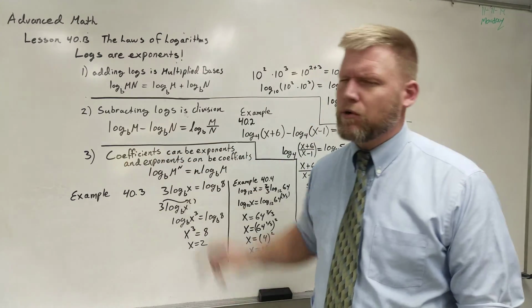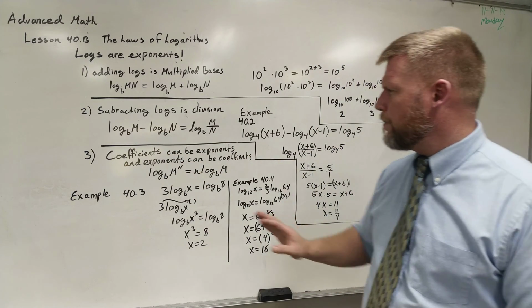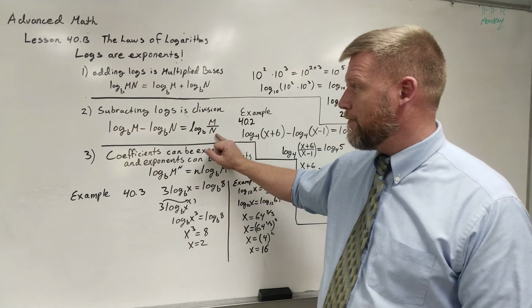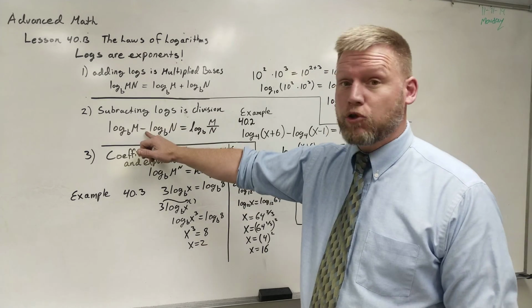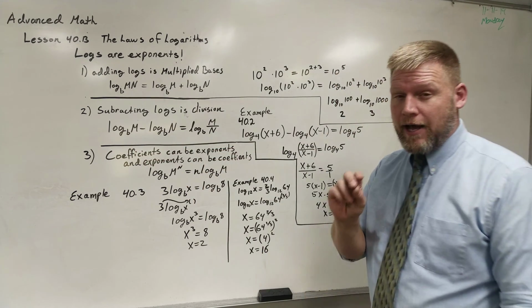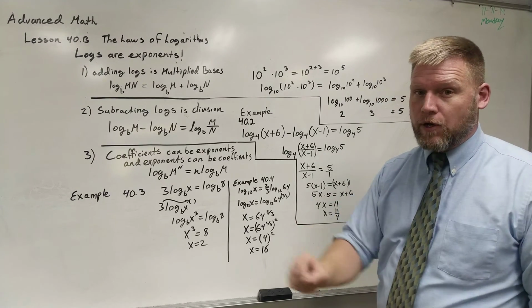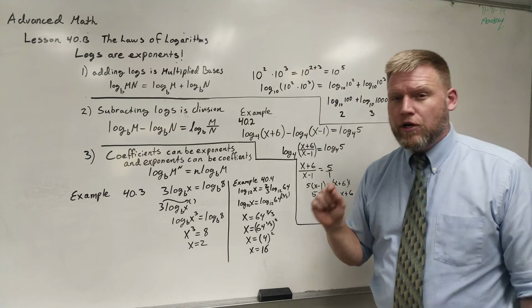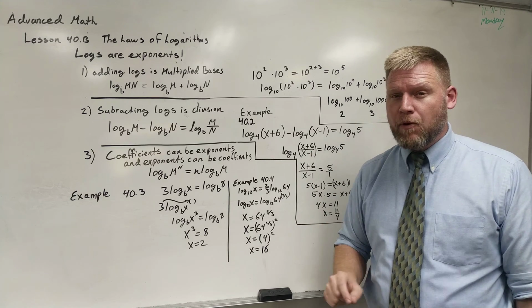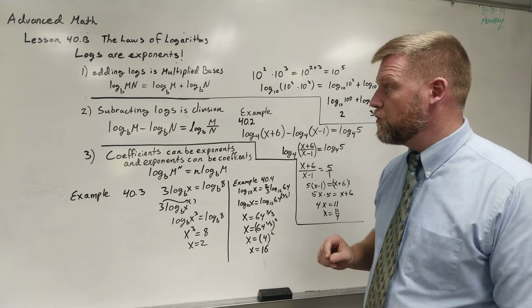And I wrote this backwards up here on purpose so that you can keep in mind that subtracting is division. Division is subtraction. And that's the reason why it works out that way. Once again, logarithms are exponents. If you can keep that in your head, you're going to treat logarithms like you do exponents. You won't have a problem with these two rules.